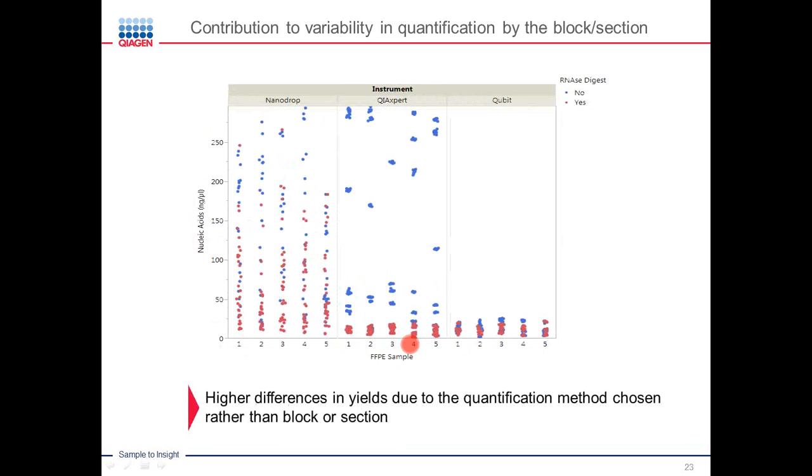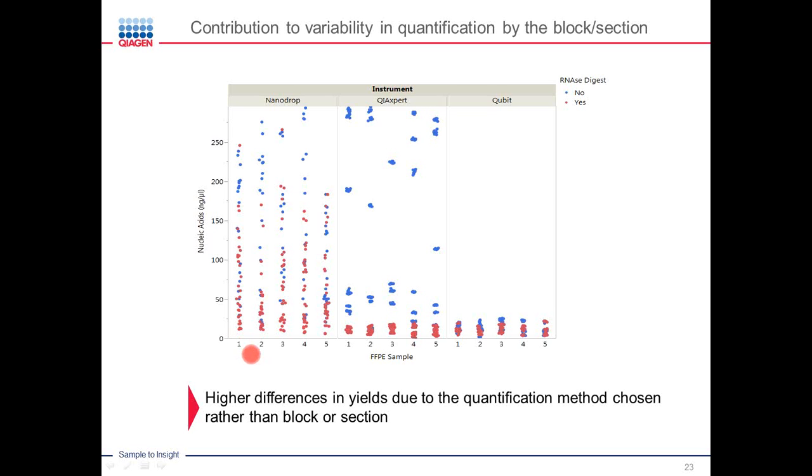And finally, we drilled down to the actual sections. We looked at the differences that could potentially be attributed to the individual sections that were processed. What you see on this slide is data from the first 5 sections taken from each of the 3 blocks. So 1 means these are the first 5 cuts from block 1, then block 2, block 3, plotted together, and so on.